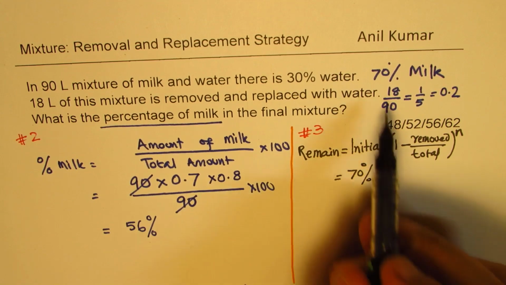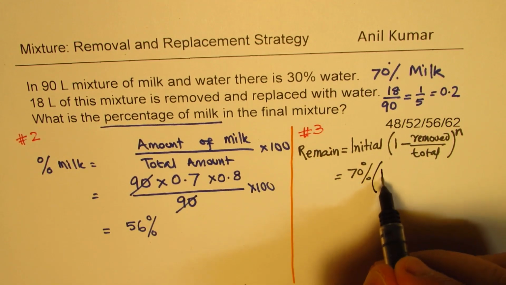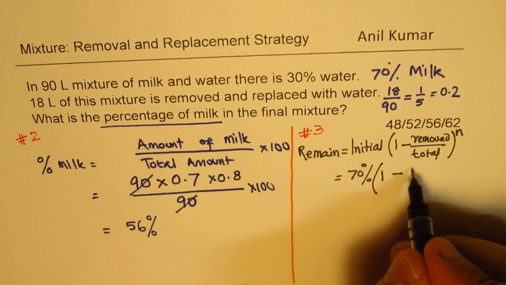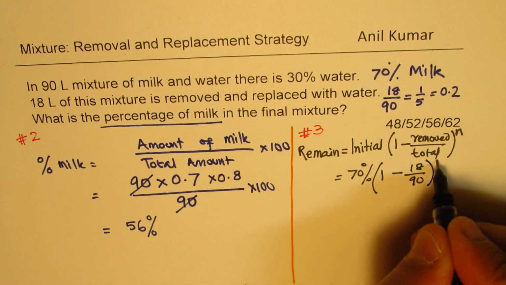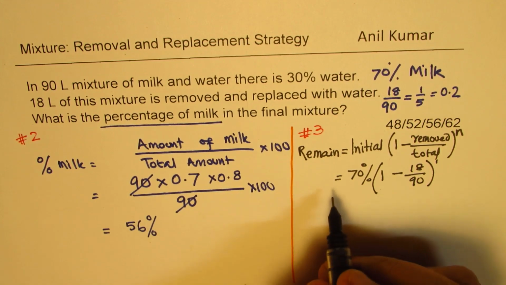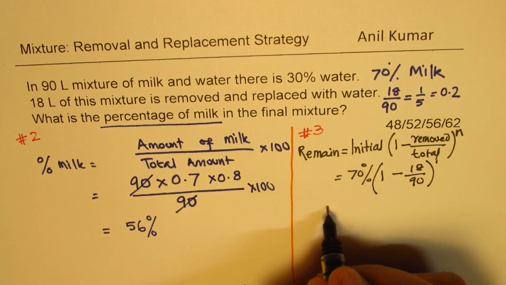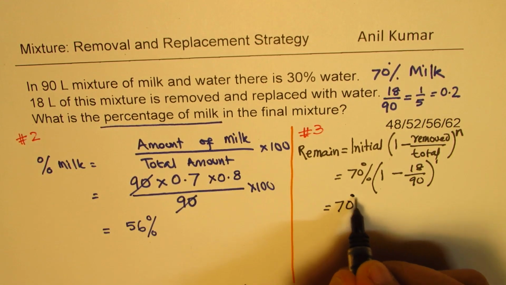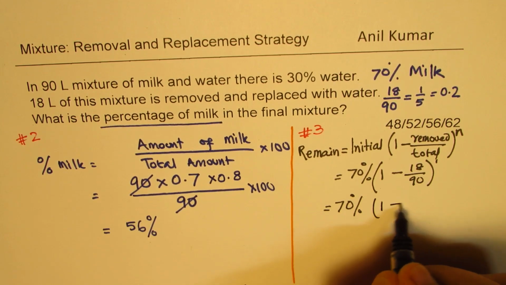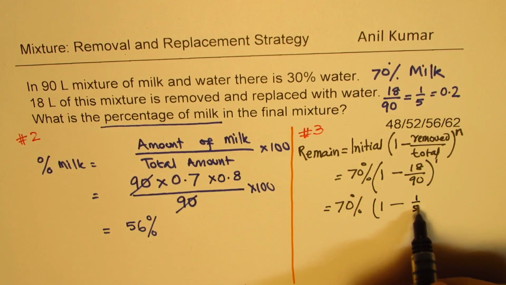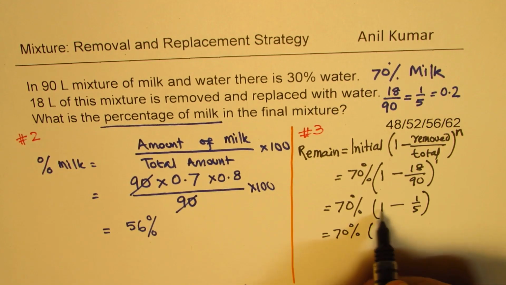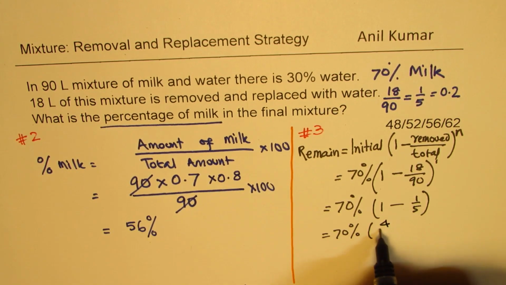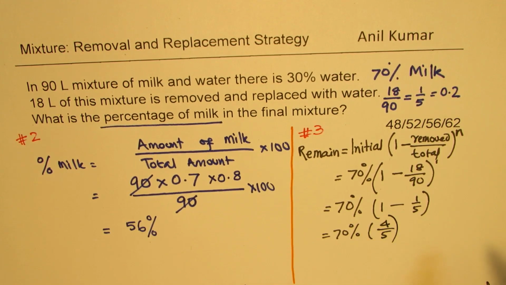So we are starting with 70% of the milk. 1 minus, removed 18 out of total of 90. It has been done only once. So in percentage, what remains is 70%, right? And this is 1 minus 1/5, right? So which is 70% times 1 minus 1/5, which is 4/5. 4/5, correct?